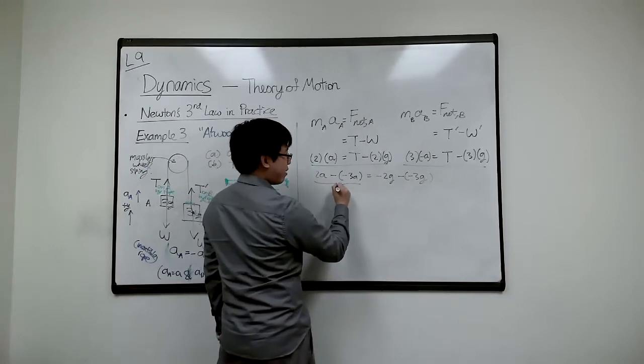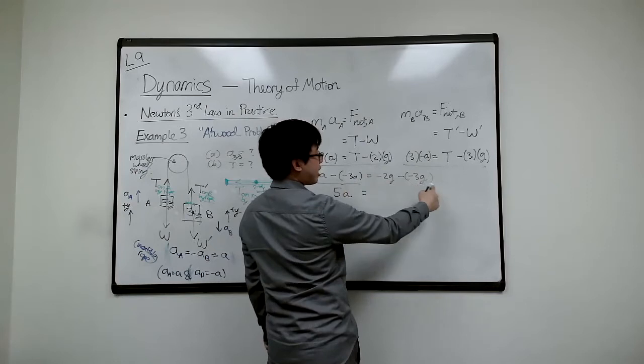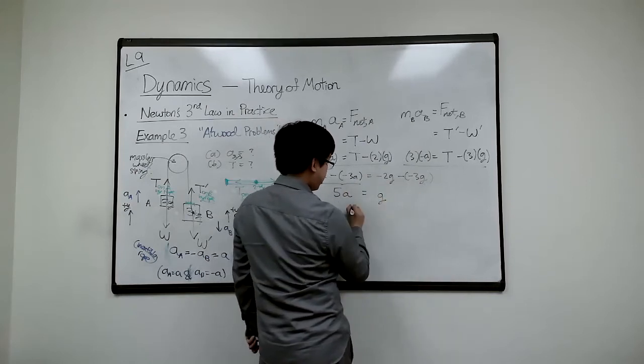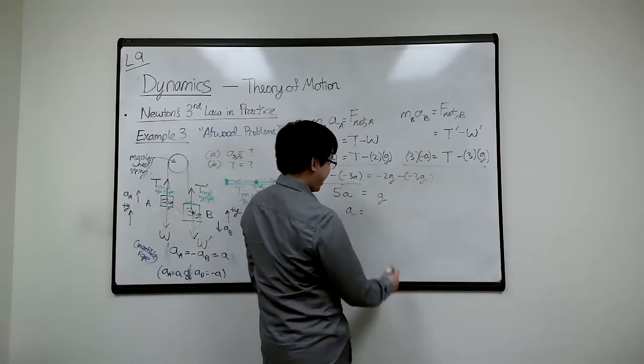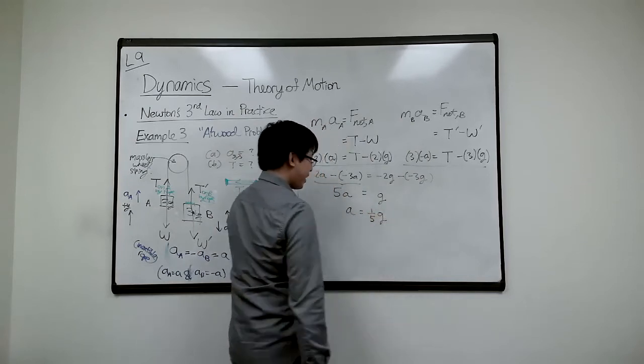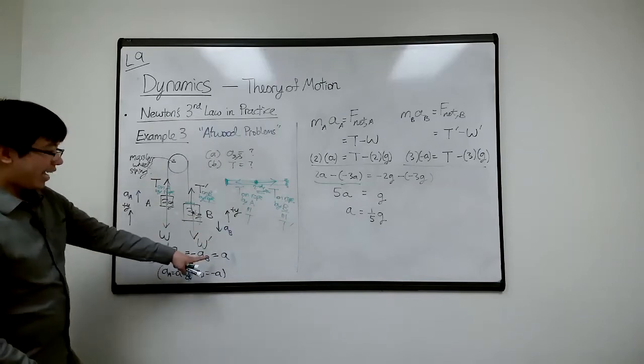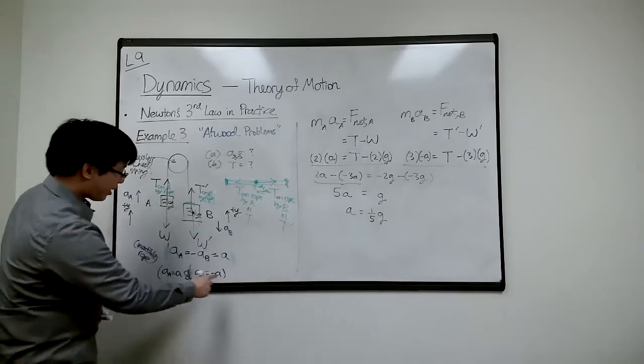This is easy. 5a minus 2g plus 3g, that's just g. So what does that tell me? It tells me a is 1/5 of g. Is that what we expect? Let's get clear which direction it is.